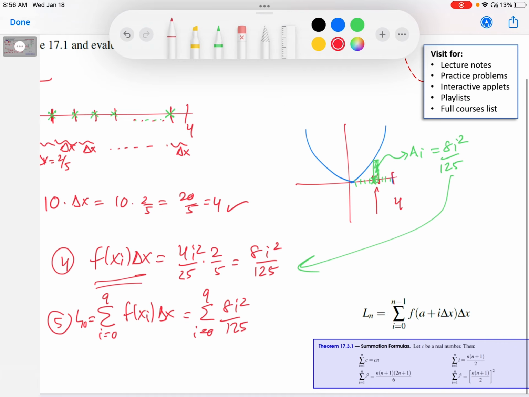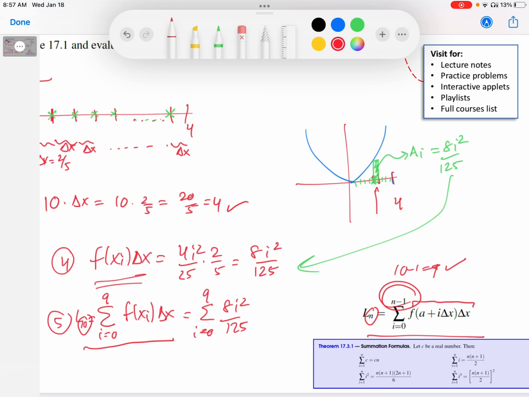I'm going to compare this formula to this formula. So 10 is our n value. Here is the n value, great. Here's n minus 1, 10 minus 1, that's 9, great. And then we calculated all of this in the previous steps. So this is indeed the left-hand Riemann sum approximation.